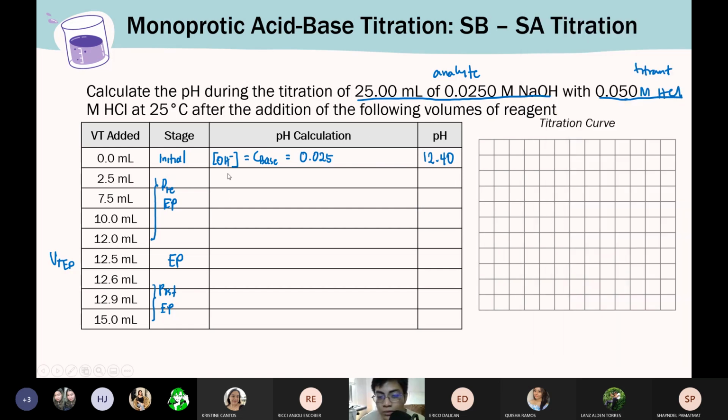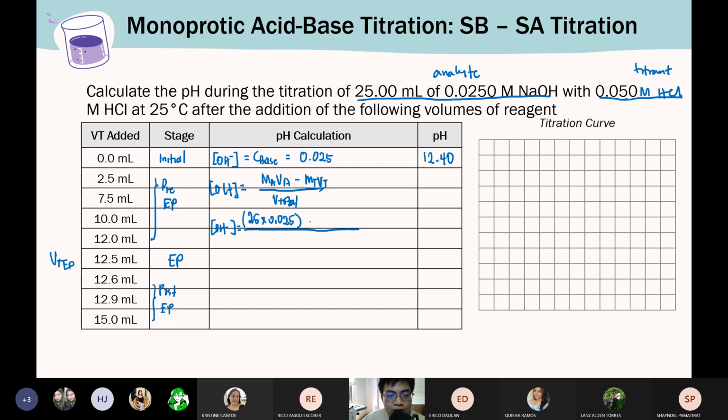At the pre-equivalence point, we are going to subtract the moles of the titrant added. Okay, so the equation here is MAVA minus MTVT over V total. So MAVA is still constant yan. So it's 25 times 0.025.